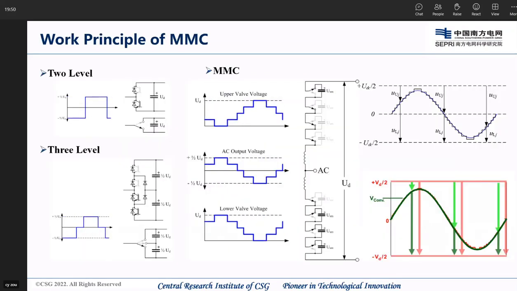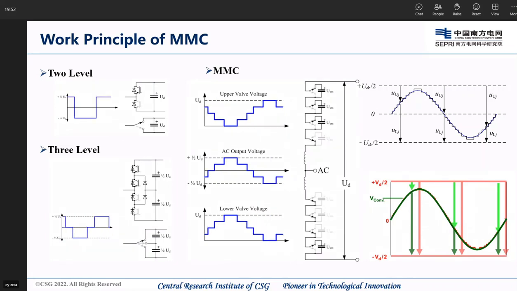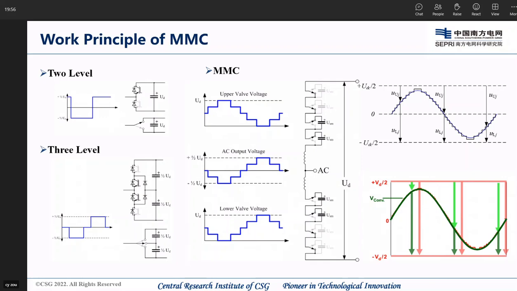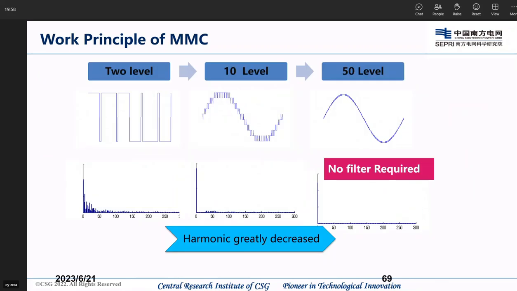This page shows the working characteristics of 2-level, 3-level, and multi-level converters. You can see the output voltage of MMC topology is quite similar to a sine wave. We can get it from 2 level to 10 level to 50 level.